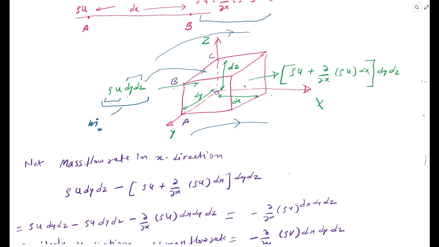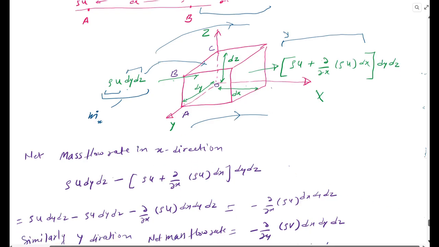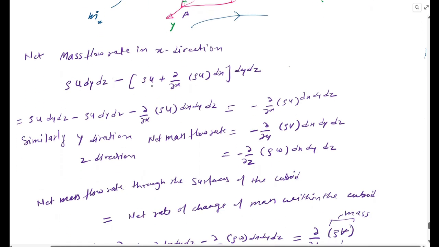Similarly, at a small distance dx, we can write this, which we have already seen in the Taylor series expansion. So the net mass flow rate in the x direction: you can write mass coming in and mass going out.